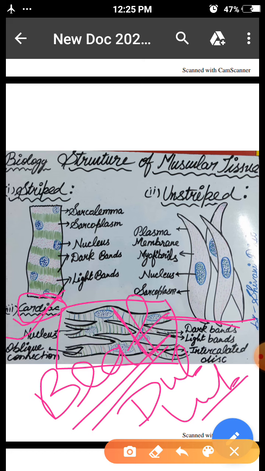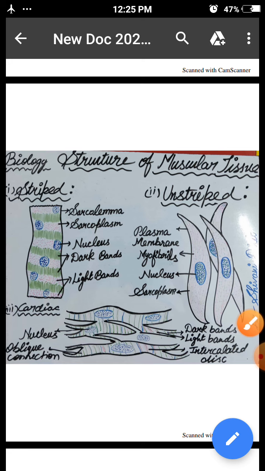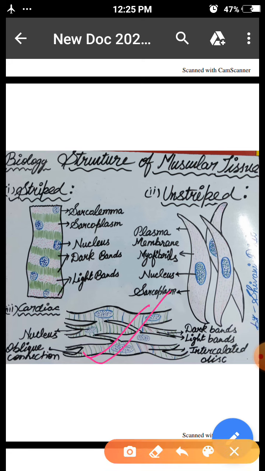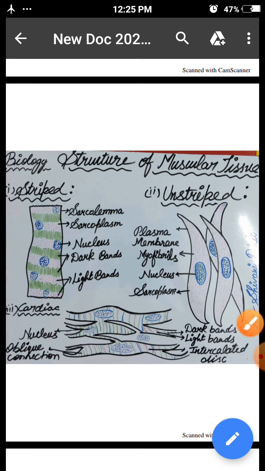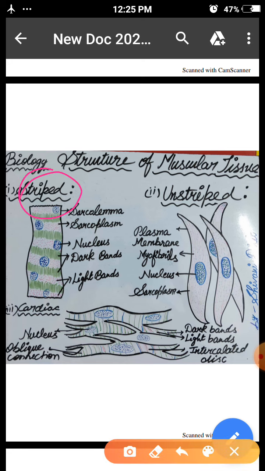There are dark bands and light bands present in this type of tissue, and they have a single nucleus. They are branched, as I have shown you in the diagram. They are branched in nature. So this is all about the three types of tissues: striped, unstriped and cardiac tissues.